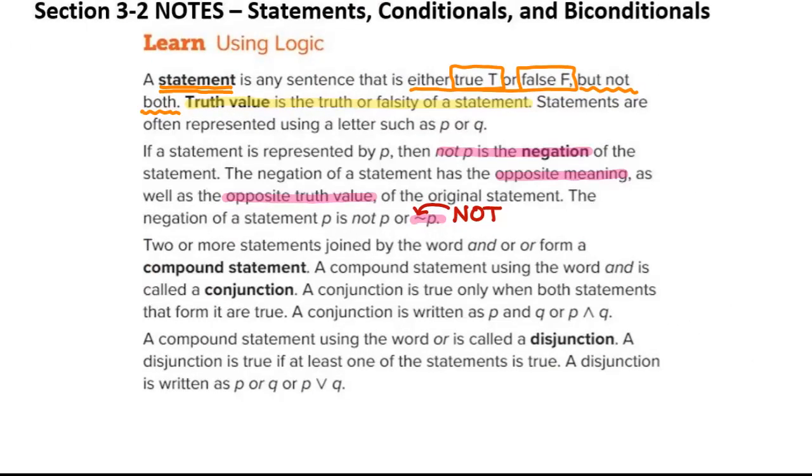Two or more statements joined by the word and or form a compound statement. A compound statement using the word and is a conjunction. A conjunction is true only when both statements that form it are true.